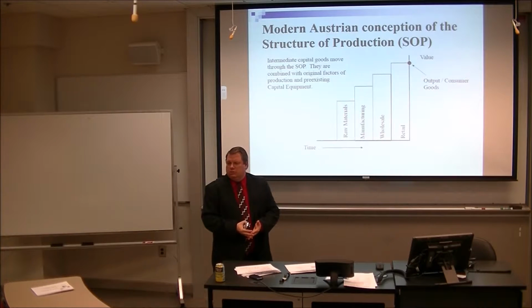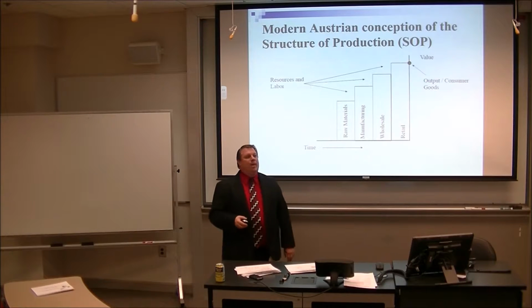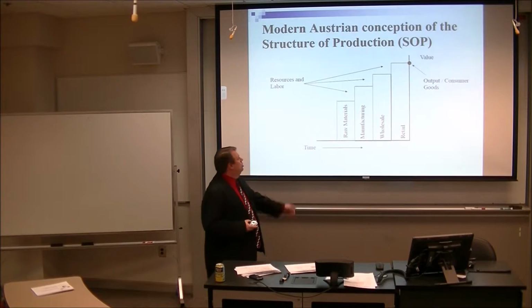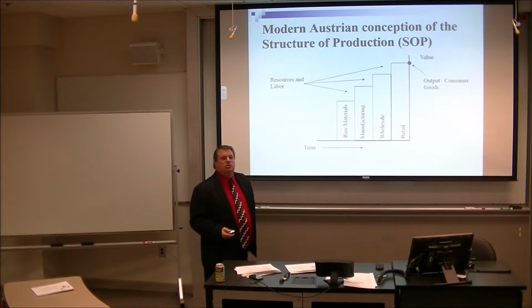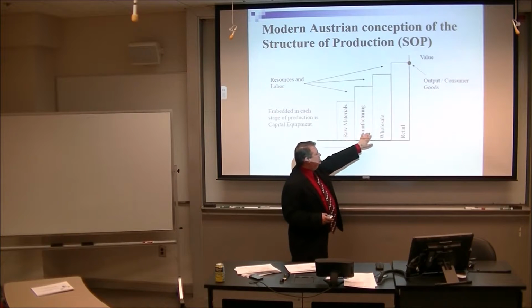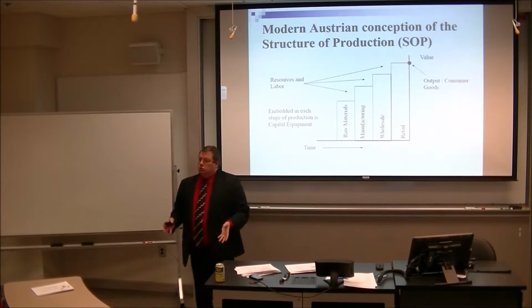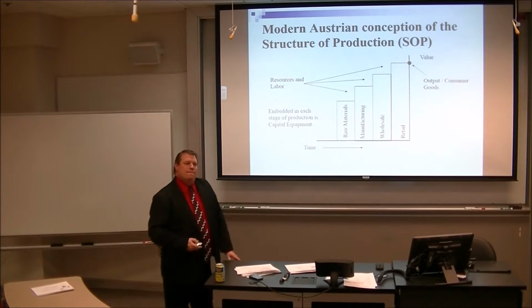of production. At each stage, there's capital equipment that is embedded in this, and we're adding new resources of labor and natural resources to each stage. Inside each stage of production, we've got capital equipment, machines and tools that are embedded there.